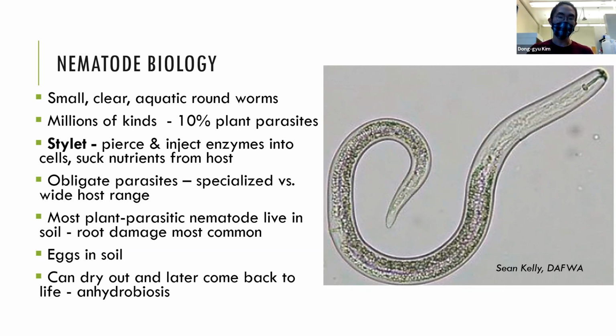And this sort of parasitism ranges from host specialization, in which the nematode can really only effectively survive off of a single host plant, versus those with extremely wide host range, such as different varieties of root knot nematodes, which we will touch on later, which can cause damage on thousands of host plant species.